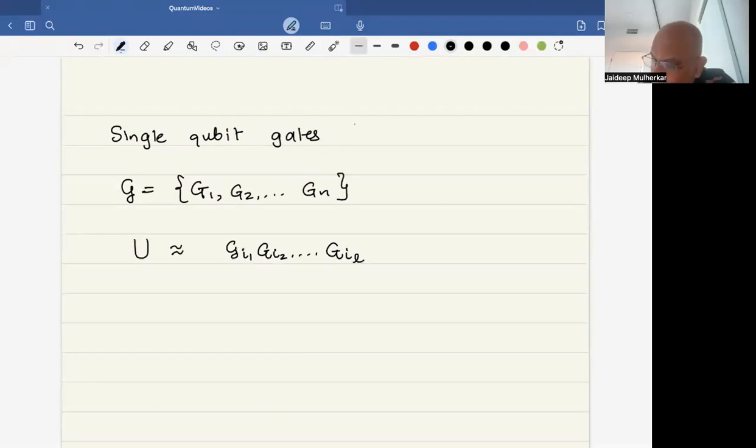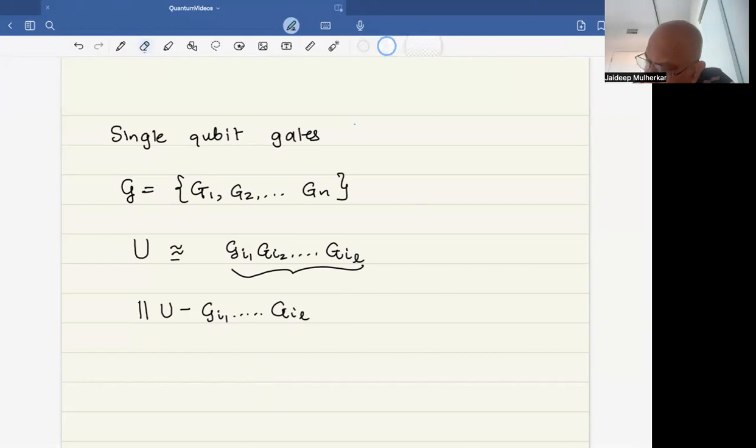Now, what does this nearly equal to mean? It means that the distance between U and this gate set can be made arbitrarily small. In other words, the norm of U minus G_i1 ... G_iL acting on some vector V, maximized over V, can be made as small as we like.